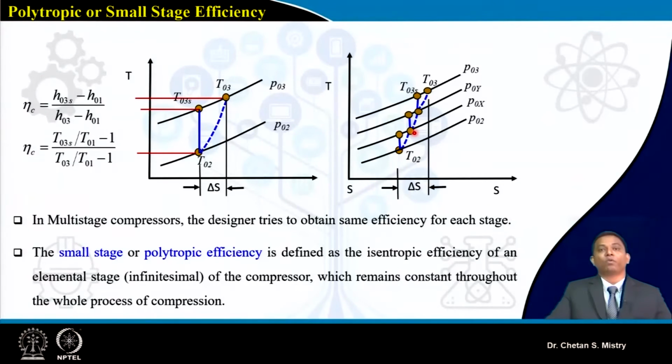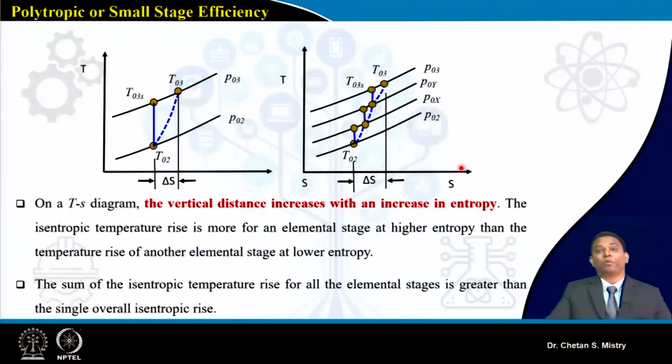Here you can clearly compare this delta S. For this case, my delta S is coming out large. Let me come to the point. If you consider the vertical distance and add together for my isentropic process, from my T02 to T03s, my delta T0 is large.